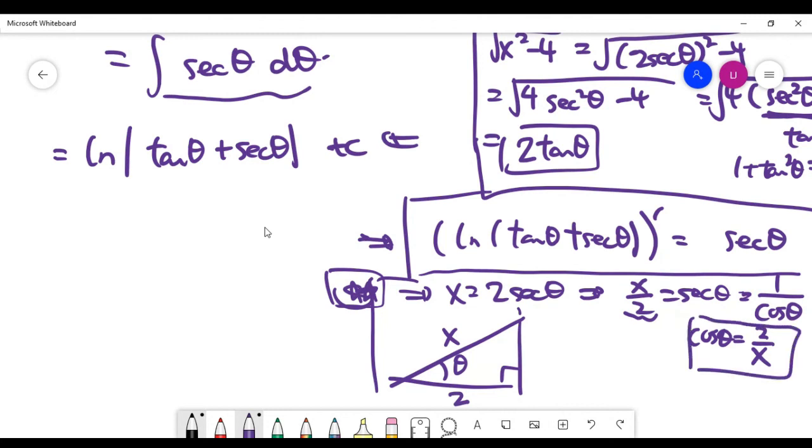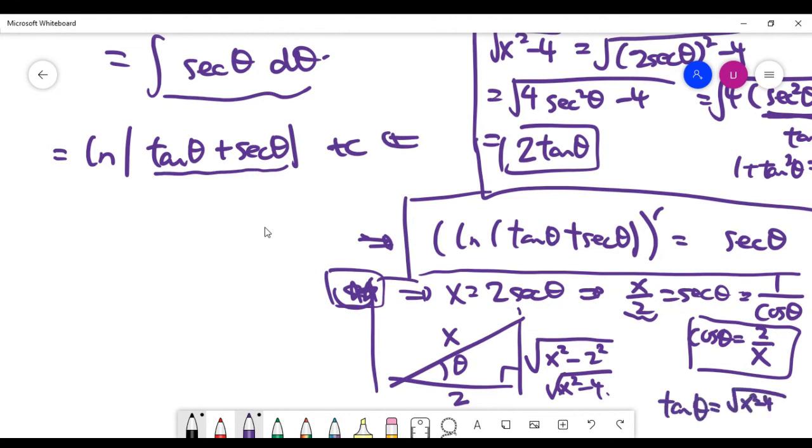The vertical length, we can get by using the Pythagoras theorem, which is the square root of the longest length x squared minus the base length squared, which is 2 squared. So it's the square root of x squared minus 4. Please go back to what we have in our answer. The tangent theta is the same as the square root of x squared minus 4 at the top, divided by 2, right?